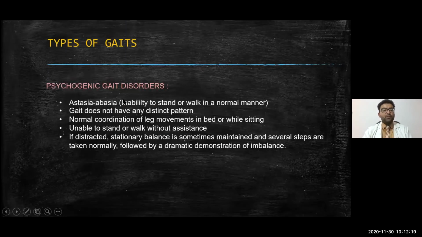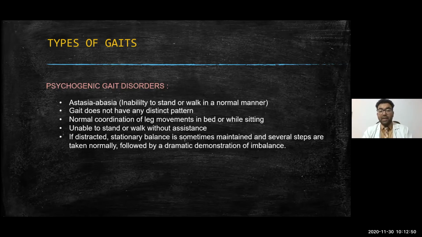Another type of gait is psychogenic gait disorders, where the patient will have astasia-abasia, which in simple words means the patient has an inability to stand or walk in a normal manner.